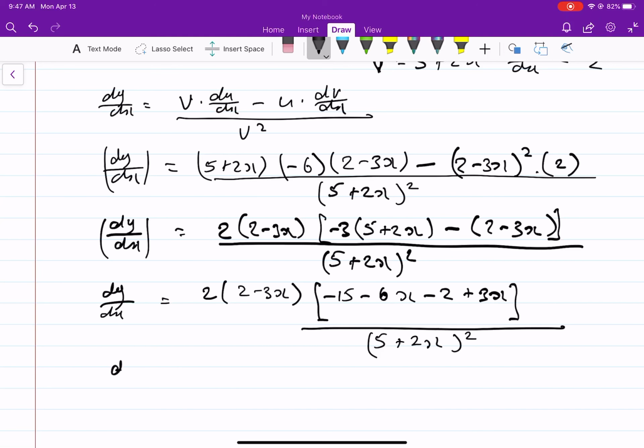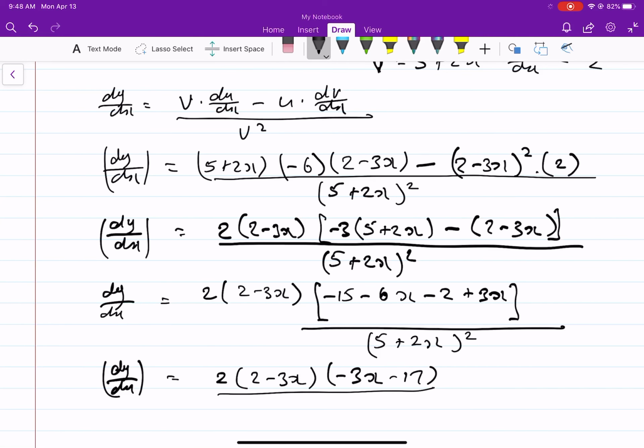Okay, finally, dy dx is equal to 2 into 2 minus 3x into, I have a minus 6x and plus 3x, that gives me minus 3x. And I have minus 15 minus 2, that's minus 17. All upon 5 plus 2x all squared.